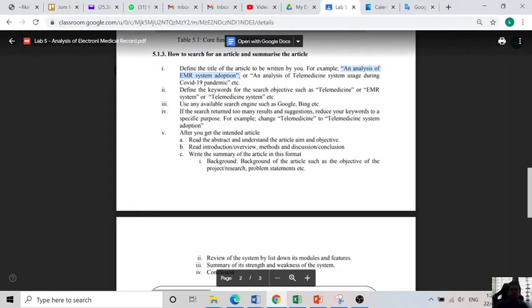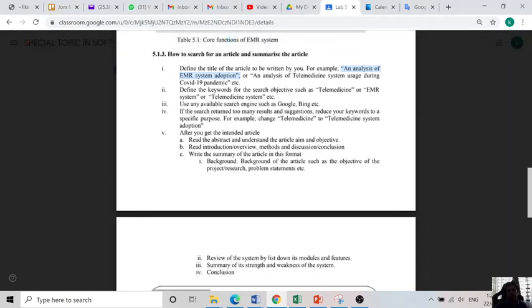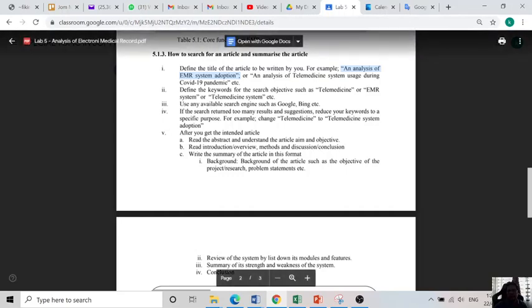Of course, you want to find the information that relates to the title of your article to be written. For example, EMR system. This is a keyword for you to put in the Google search, for example, and then you start the search.